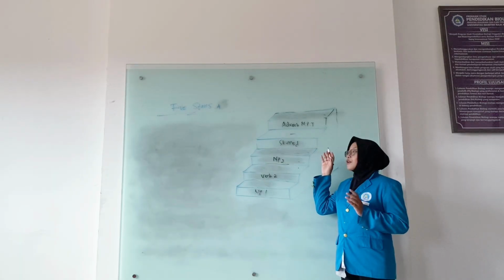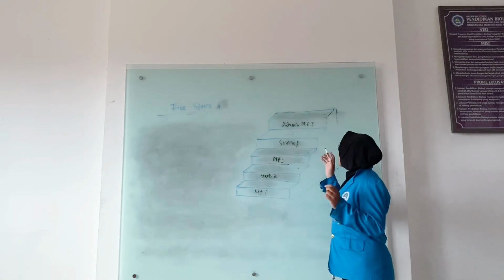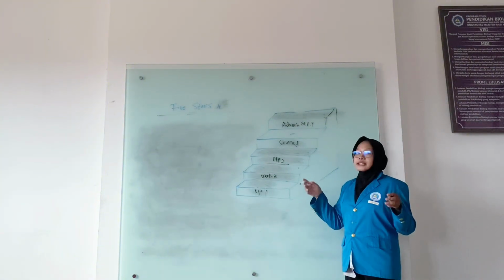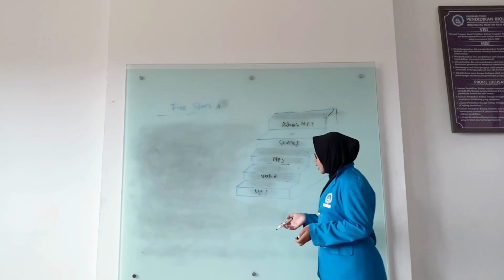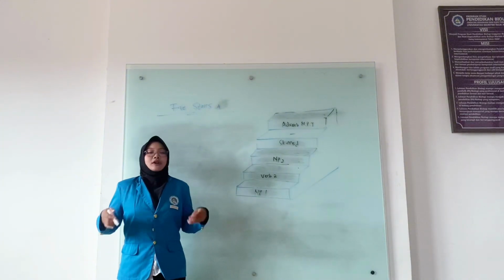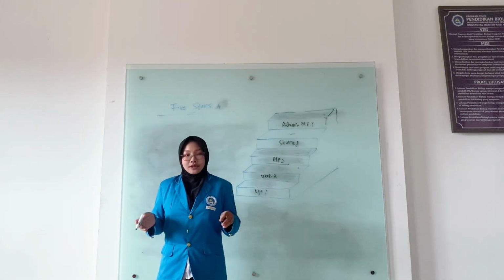The fourth stage is predicate adjunct, but we skip it now. And the last is adverb of MPT, meaning manner, place, and time. For example: the committee organized a seminar in the hall last week.